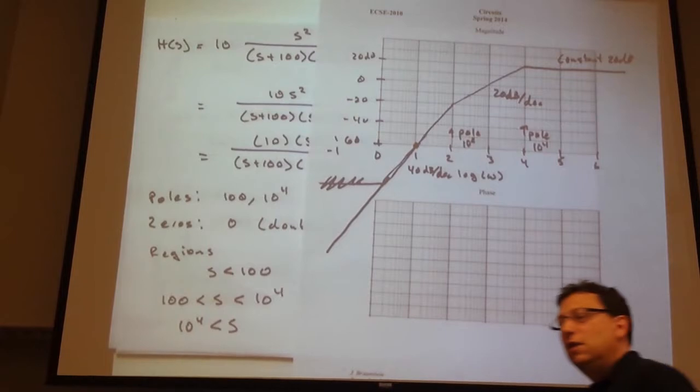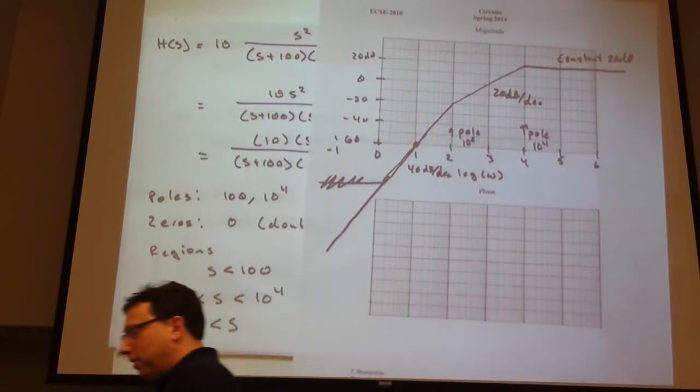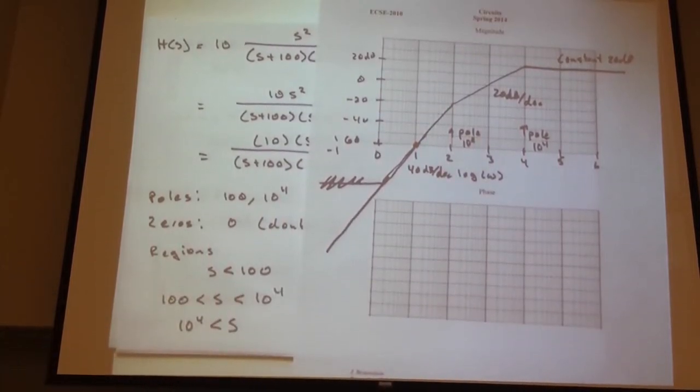Negative. If we kind of extrapolated that, what would that mean about the magnitude of our transfer function in the DC case? As omega approaches 0, if we have a pole at 0, what does the transfer function become as omega approaches 0?